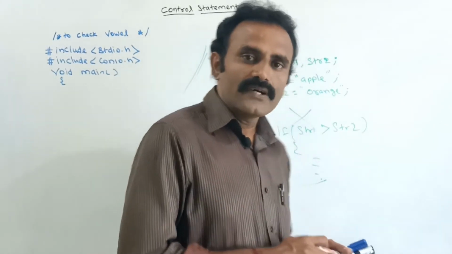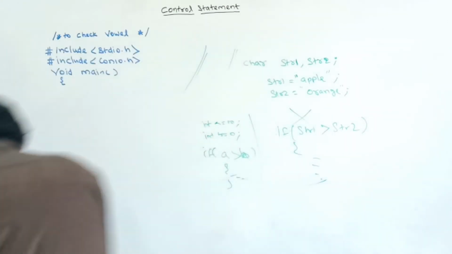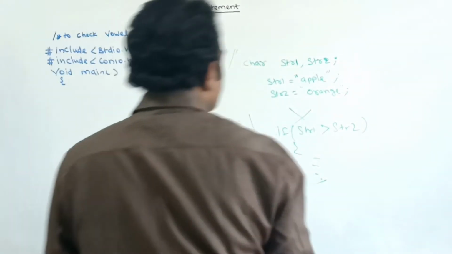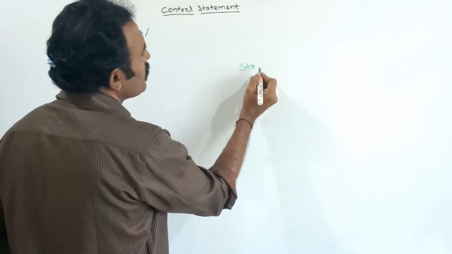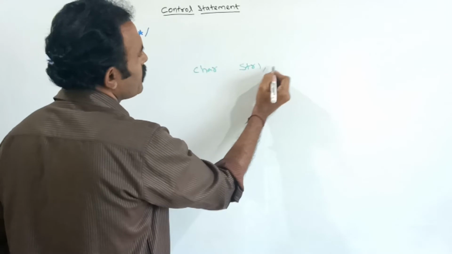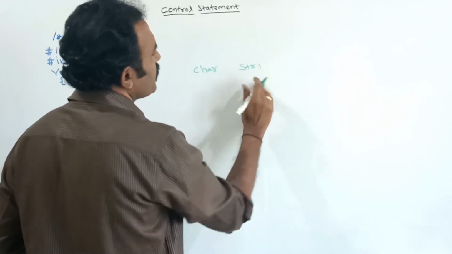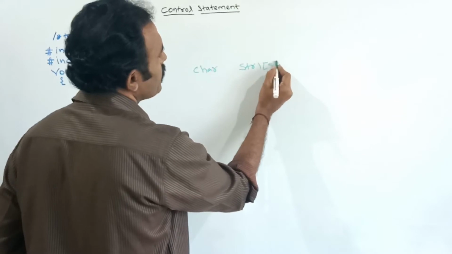See, now let us see how these strings are compared. Here, I am declaring the character data type string 1, and here I should mention the array size, how many letters I need to store.